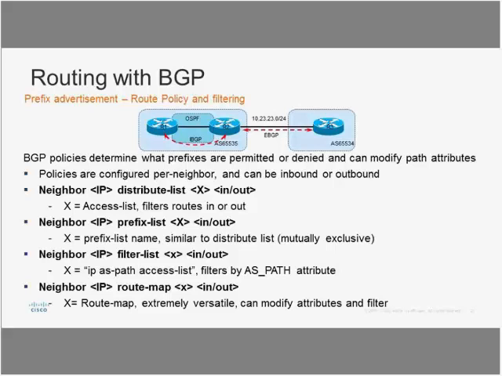Okay, so route filtering. Now, route filtering happens again with 4 different methods. You can use distribute list. I am pretty sure a lot of folks are already familiar with the distribute list that you use in IGP. You can use prefix list, you can use filter list, and you can use route maps.